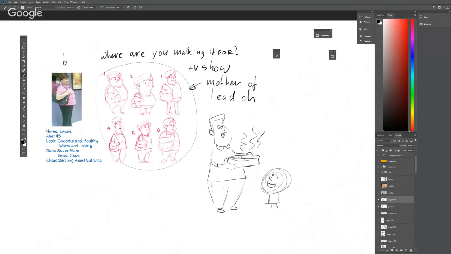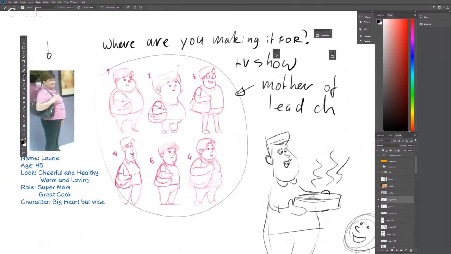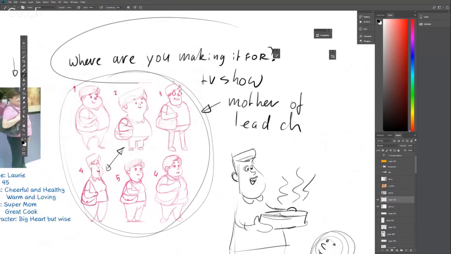Why do you want to make this character, and what is her role in the story? And I see all these different styles. These two are really different, and they're both cool. But where do you want to go, and what are you making it for?